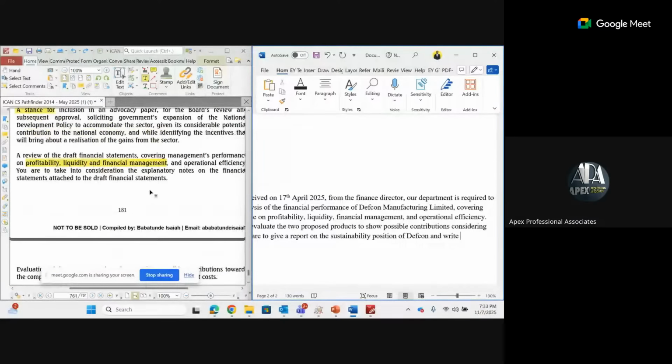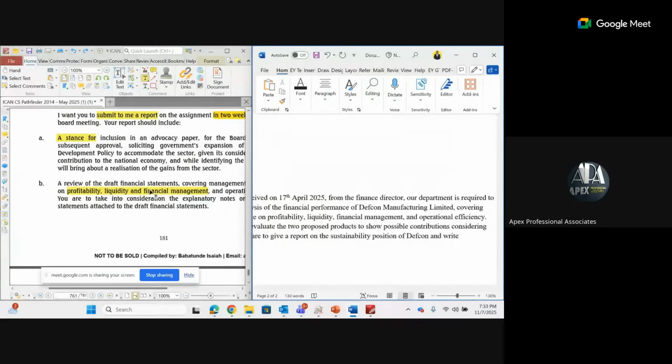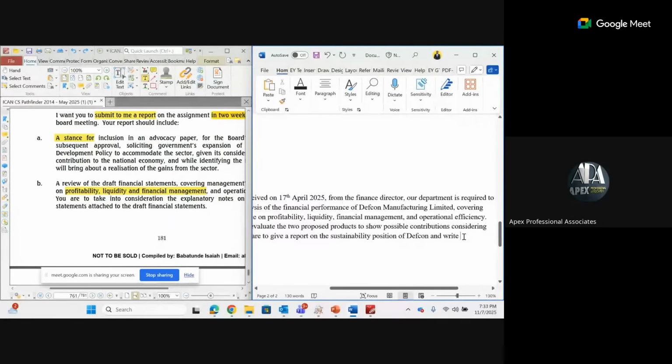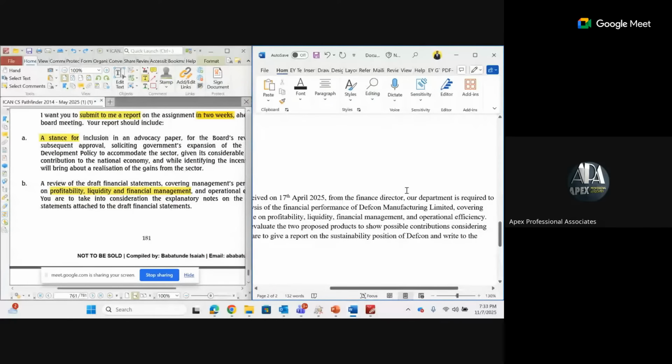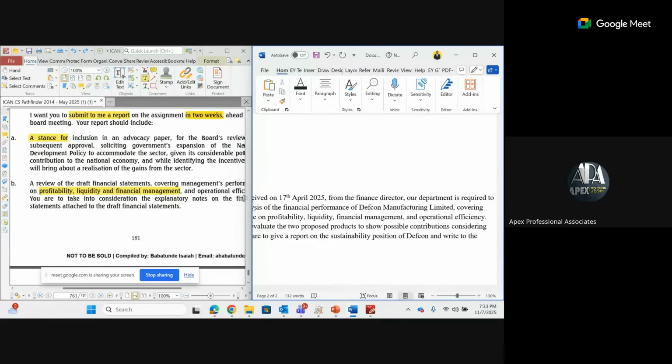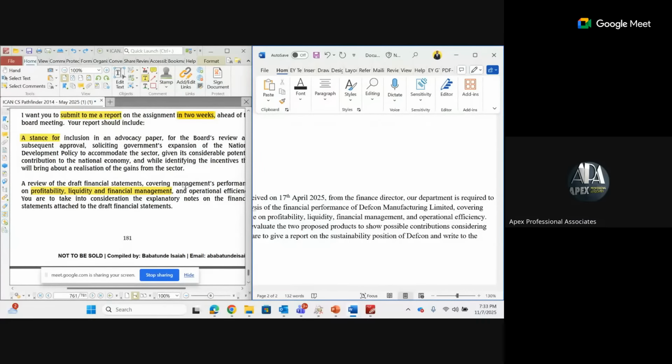That one is very, very confusing to me. I don't know why the examiner will include it. It stands for inclusion. And write to the approval soliciting government's expansion of the national development policy to accommodate the sector, given its considerable potential.